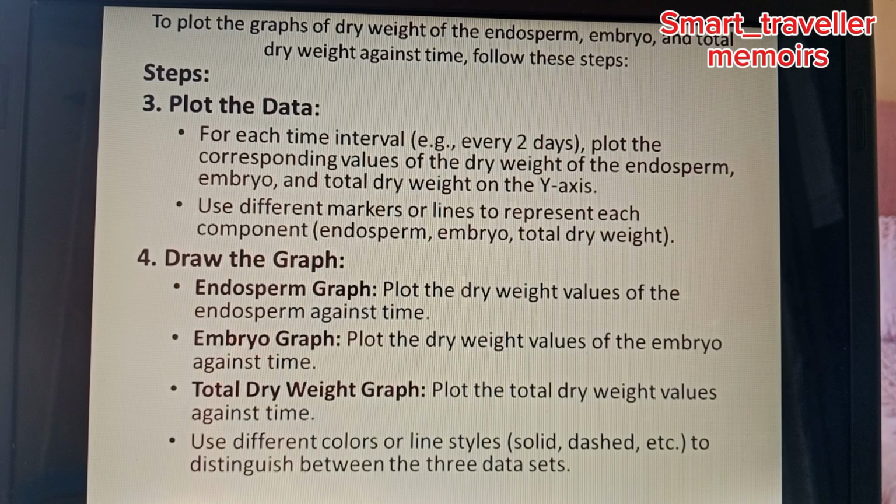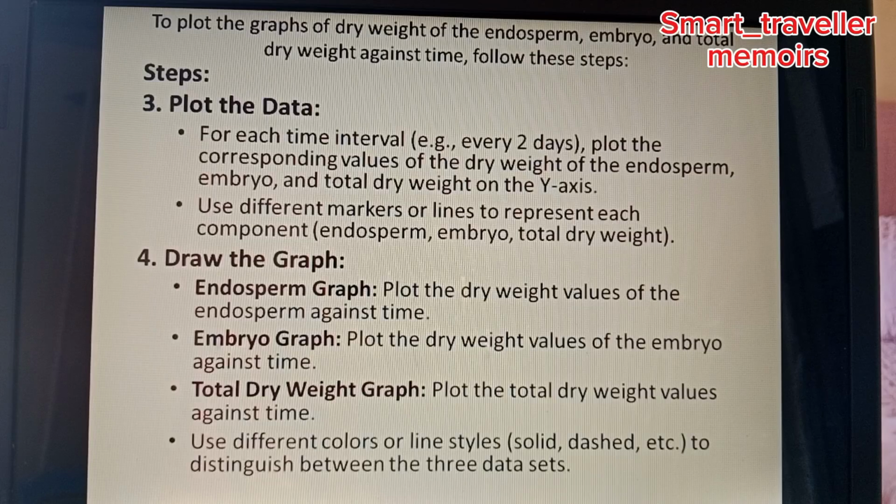Plot the corresponding values of the dry weight of the endosperm, embryo, and the total dry weight on the y-axis. Use different markers or lines to represent each component. Step 4, draw the graph.